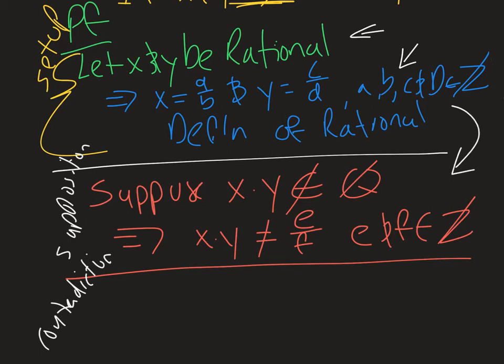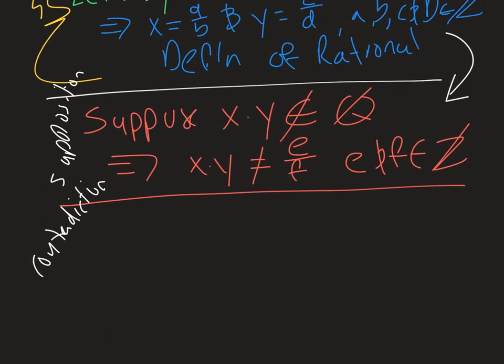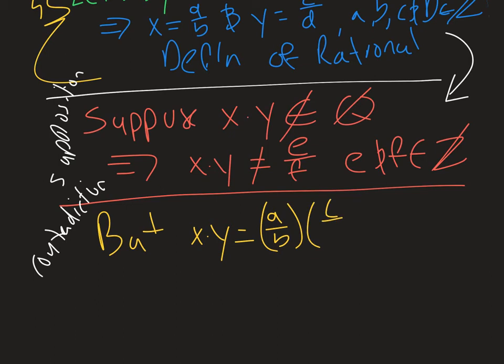We're going to build on our original here for this one. We're going to say, okay, but x times y is equal to a over b times c over d, which is equal to a times c over b times d. That's how we multiply fractions. We go straight across top, straight across the bottom.